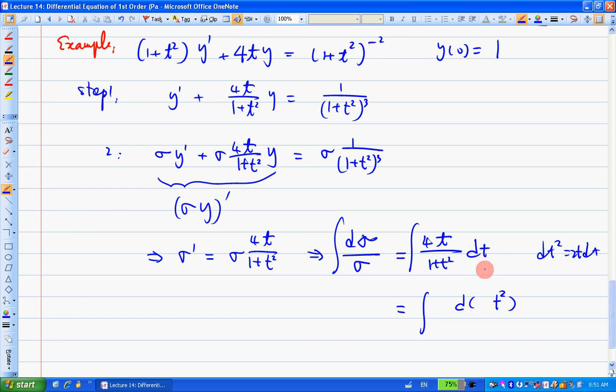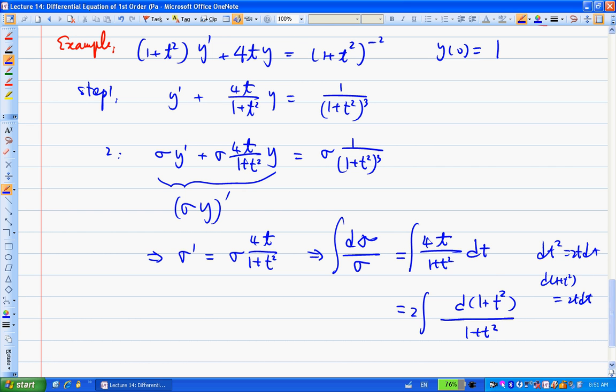So I got another 4 here, so I just put a 2 in here. 2 times 2 is the original 4. And I have 1 plus t² at the bottom, so I will just add 1 in here because the derivative of a constant is always 0. So d(1 + t²) is basically 2t dt, so that equals this one.